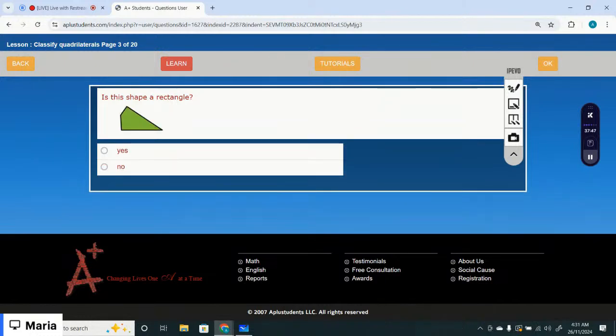Is this shape a rectangle? No, it isn't a rectangle.